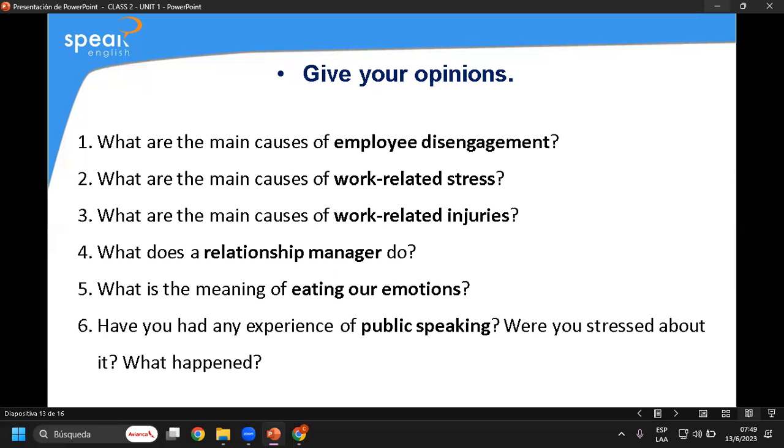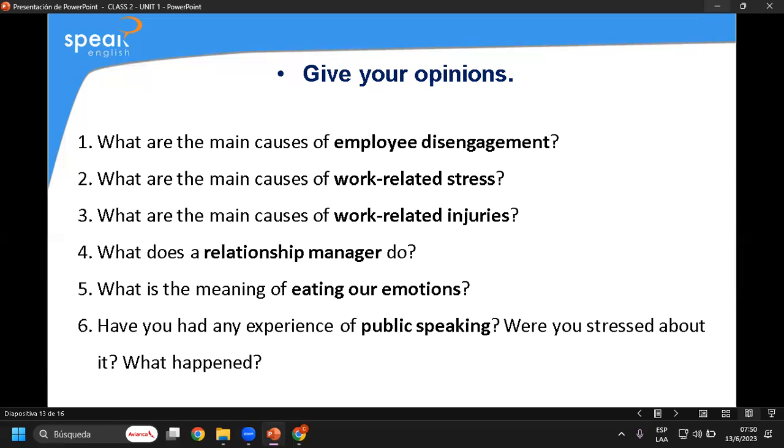So guys, when we are talking about work-related injuries, this is when you suffer an illness or an injury caused by something that happens at work, related to a work environment. So imagine if you are burned out, is that a work-related injury? Yes or no? Yes, because you feel it in your body.